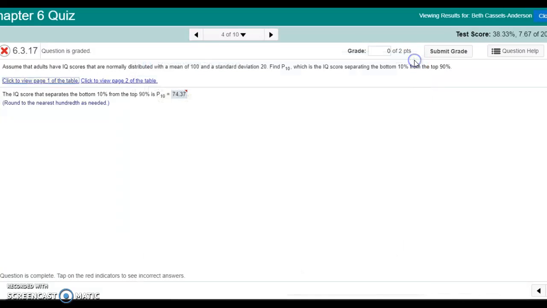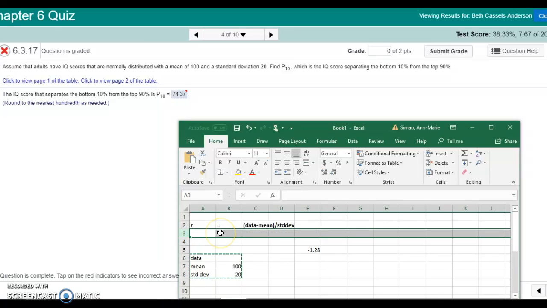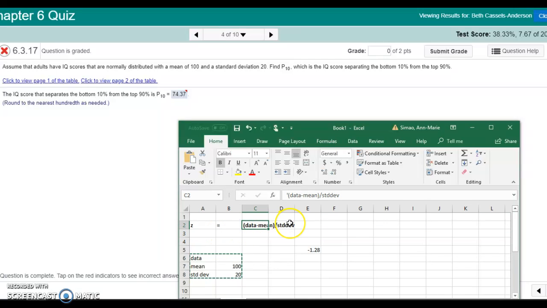And so now we know that our mean is 100 and our standard deviation is 20. Our formula here is my z is equal to what? My data minus my mean divided by the standard deviation. So if I multiply both sides by my standard deviation, I have z times that standard deviation, and that's going to equal my data minus my mean.